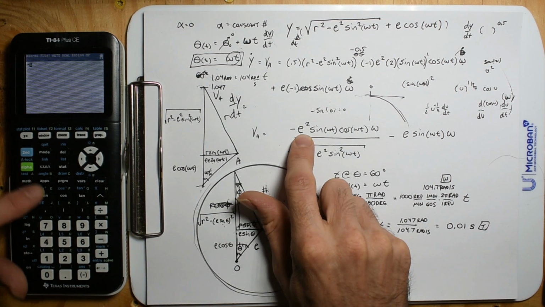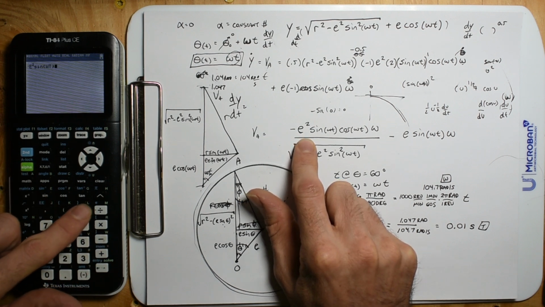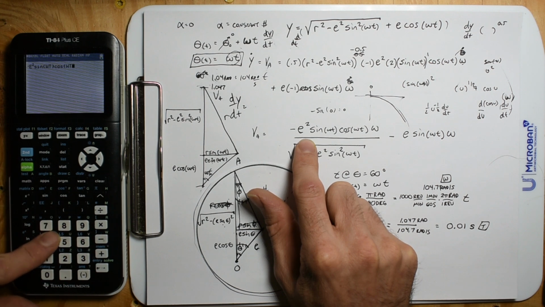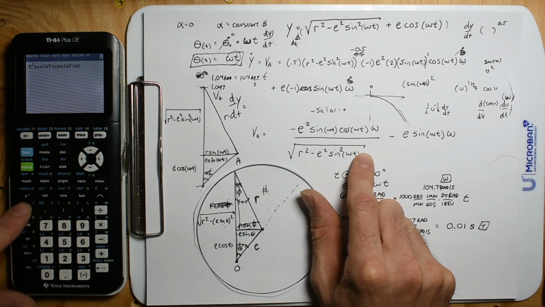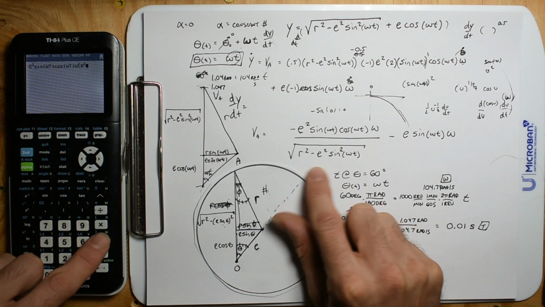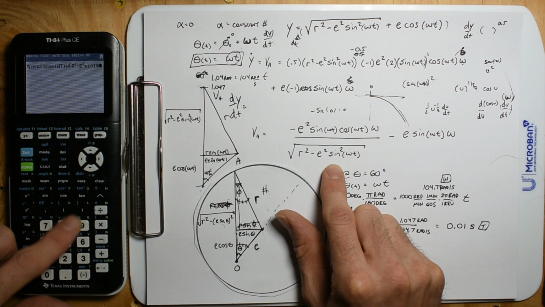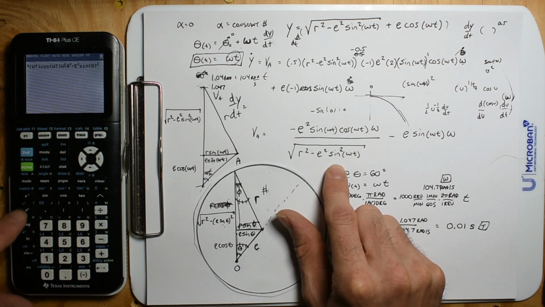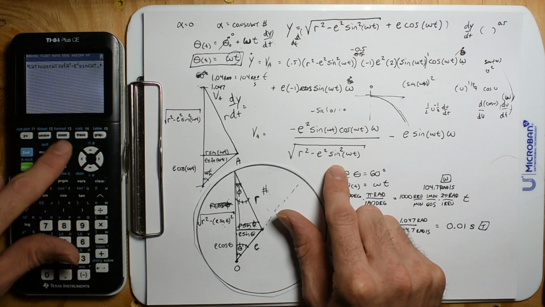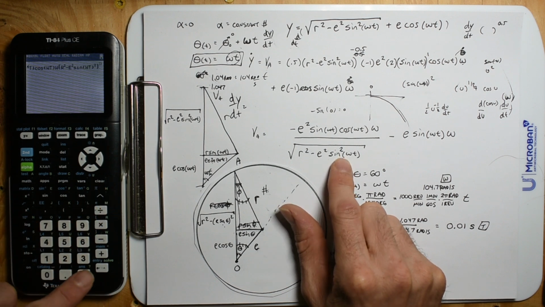So we have negative alpha e squared sine omega t cosine omega t times omega, multiplied by alpha r squared minus alpha e squared sine omega t squared, all to the negative 0.5.